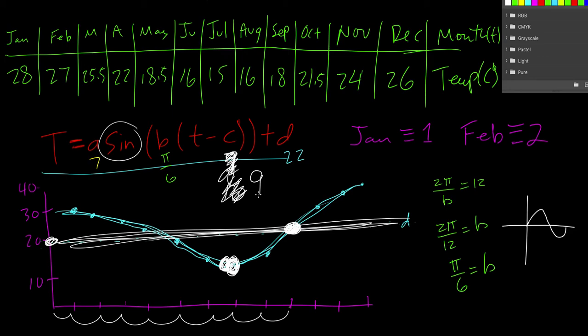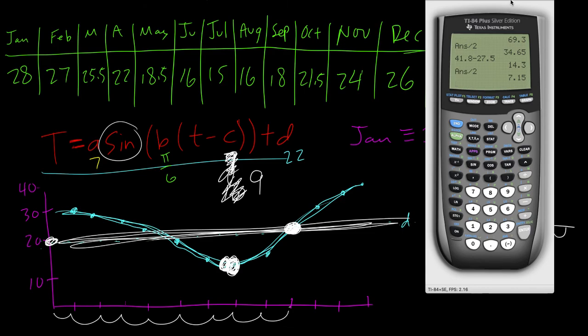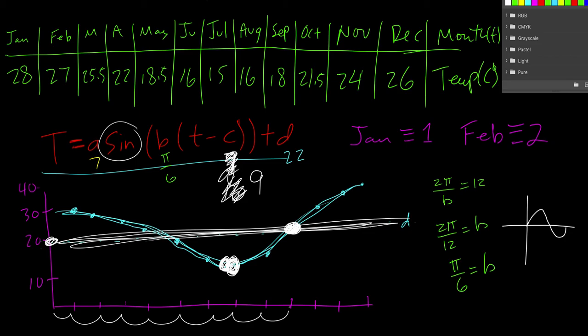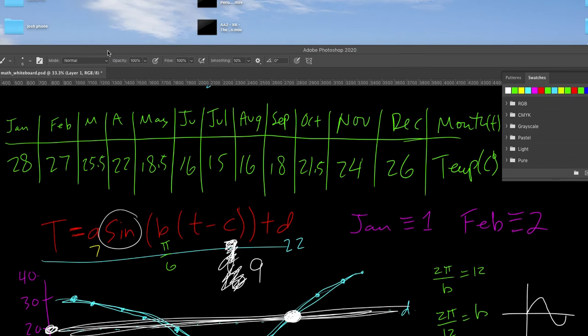Okay. And then the last thing we need to do, we actually need to go to our calculator. And I think I'm just going to show you on Desmos for now, because it's a little bit easier to see.